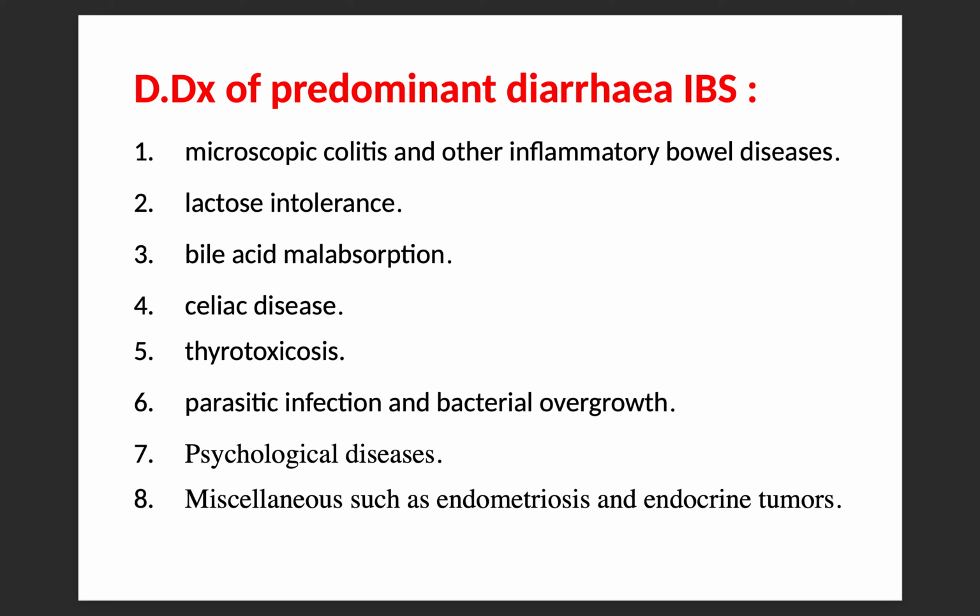For example, microscopic colitis and other inflammatory bowel diseases, lactose intolerance, bile acid malabsorption, celiac disease, thyrotoxicosis, parasitic infection and bacterial overgrowth, and psychological disease. Another group is miscellaneous conditions such as endometriosis and endocrine tumors.